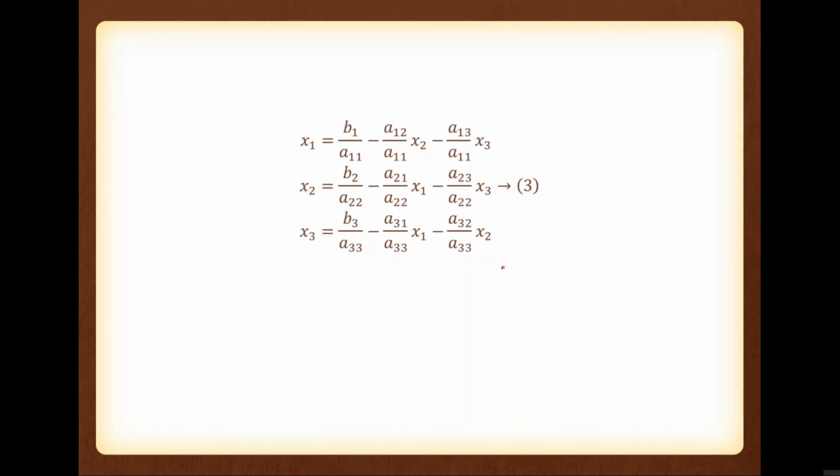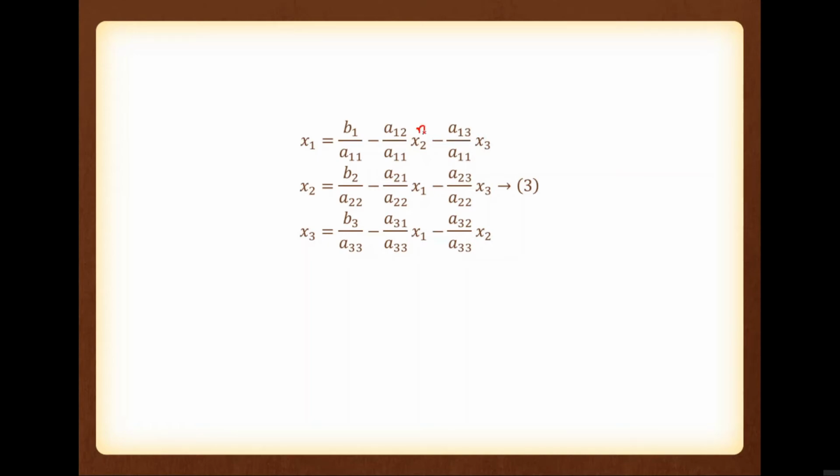So now what do we have to do? Take the first equation. In the previous method, the Jacobi method, what were we doing? We were replacing the x terms on the right hand side with xn, and the x terms on the left hand side with xn plus 1. So here, take the first equation and replace the right hand side x with n.